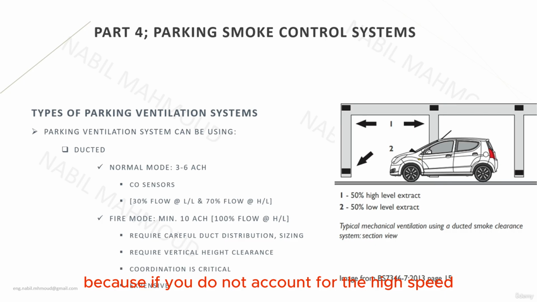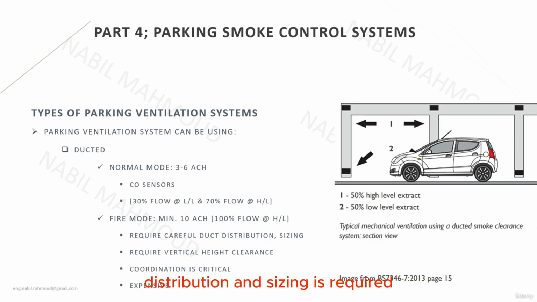Because if you do not account for the high speed during the fire mode, you may subject the fan to static pressure values that are too extreme for the fan to withstand, and you may burn the motor of the fan if you did not take into account the amount of flow during the high speed mode, or the fire mode. That's why careful duct distribution and sizing is required.